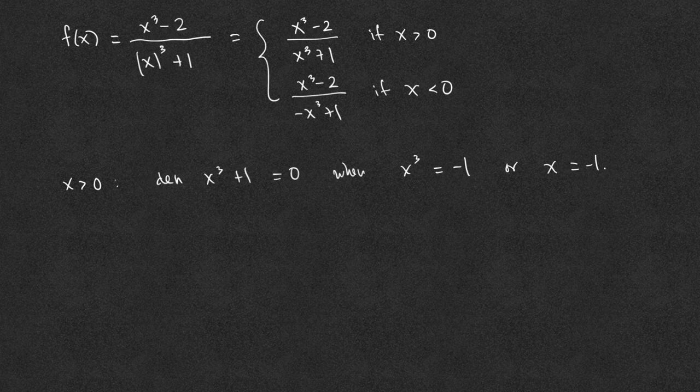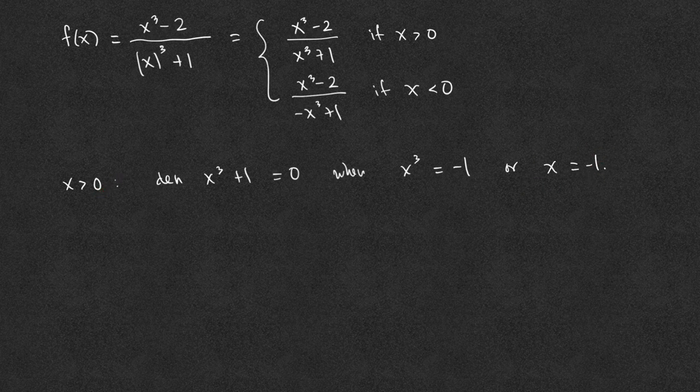Now on the surface, this might look okay, but this doesn't make sense. This expression only lives on the right hand side of 0. And so the fact that we come up with x equals negative 1 means that this denominator is only zero for x on the left hand side of 0, which doesn't work.